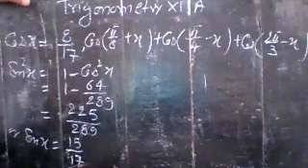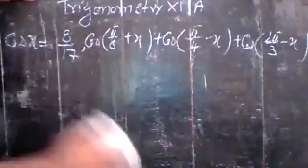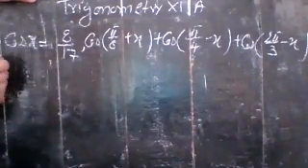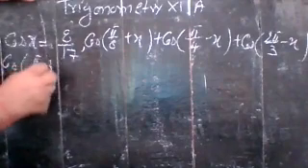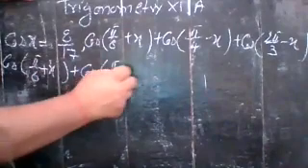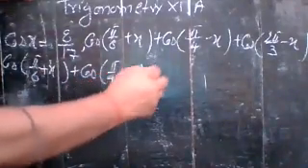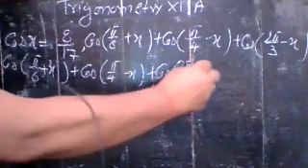So if the value of sine is known, then write cos(pi by 6 plus x) plus cos(pi by 4 minus x) plus cos(2 pi by 3 minus x).